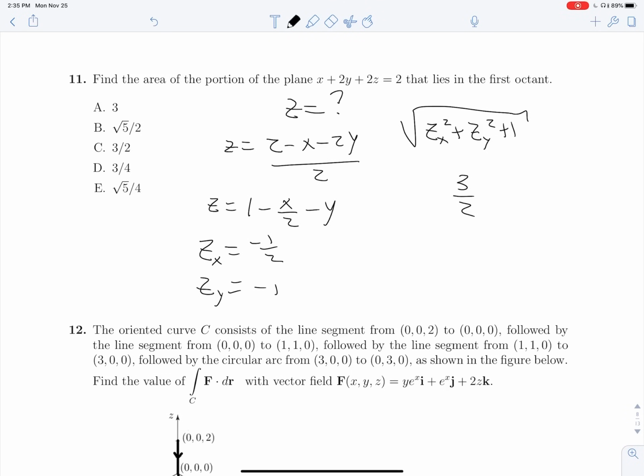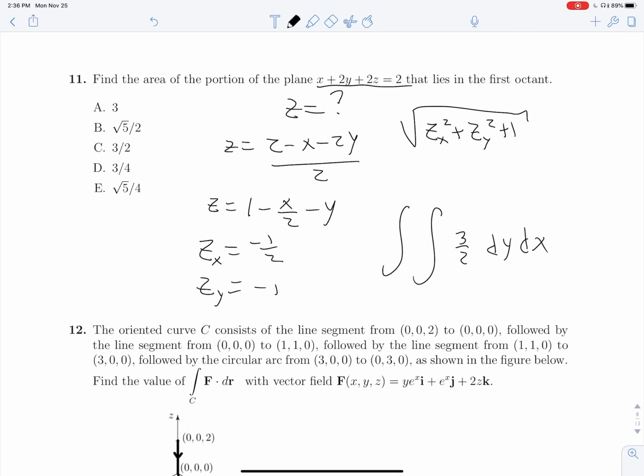So 3 over 2 is our integrand, and now we need to take an integral over the xy projection of this plane here. So in order to do that, we're just going to set z equal to 0 to find our bounds. So we're going to have 3 over 2 integrated dy dx, because why not? We can do it whichever way we want.